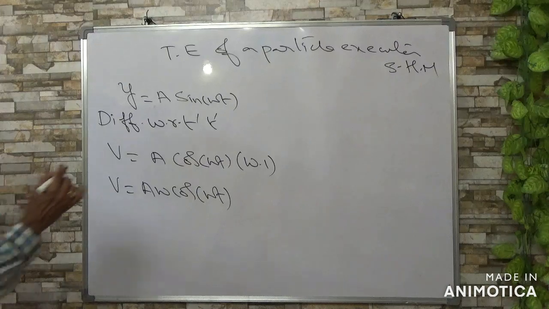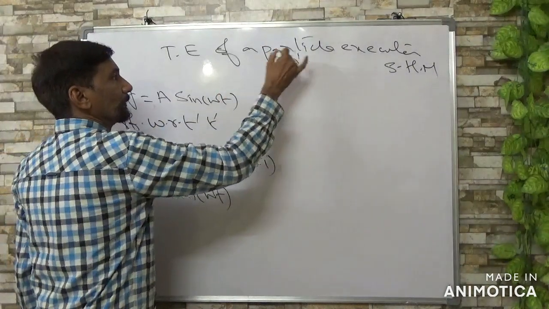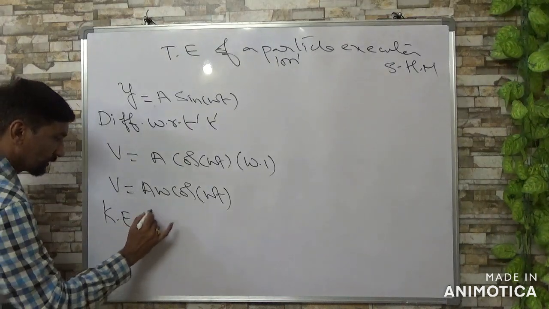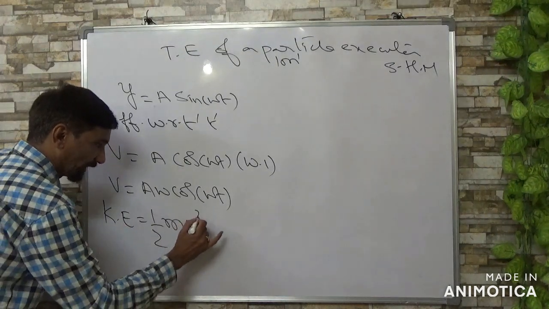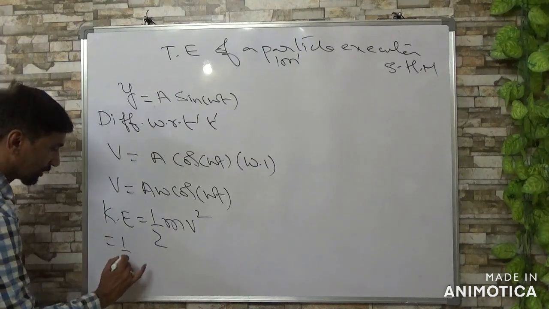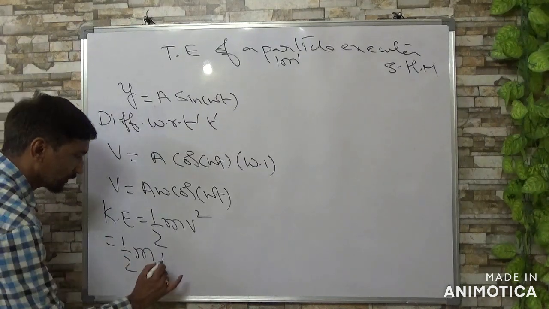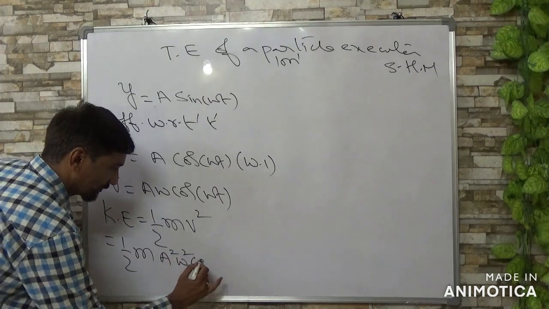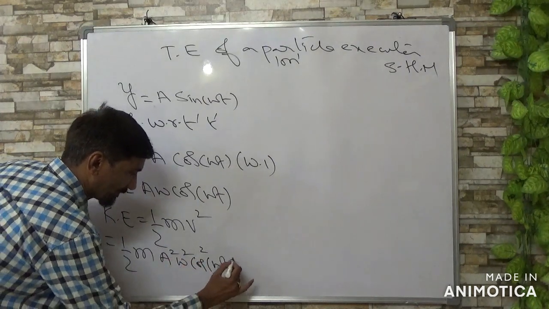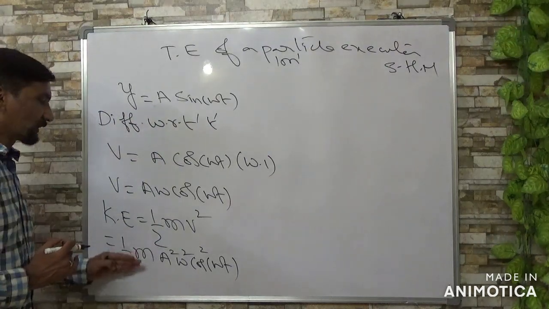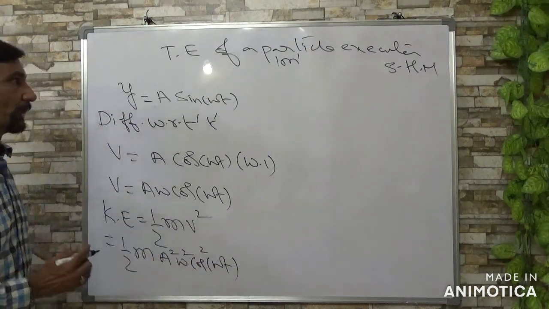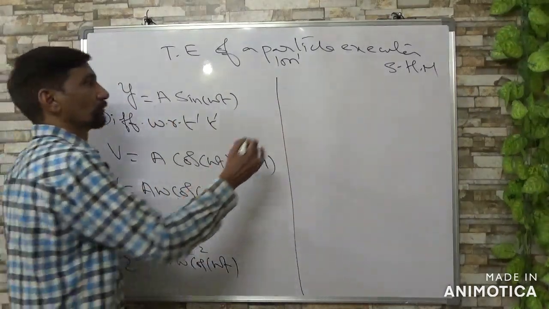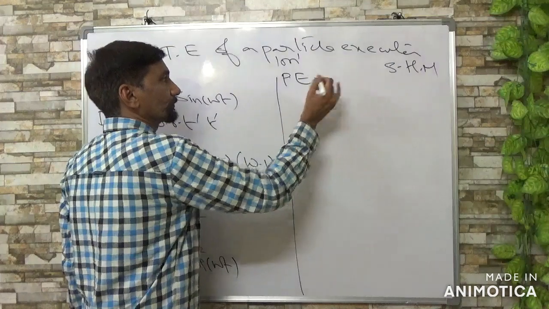So let us assume the mass of the particle is m. Then its kinetic energy, you know, is half m v square, that is nothing but half m into A square omega square cos square omega t. So this is the kinetic energy of the particle. Now you want to find the potential energy of the particle.